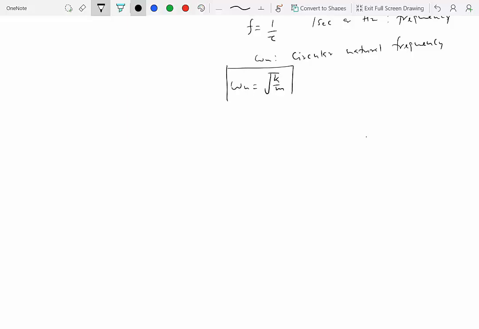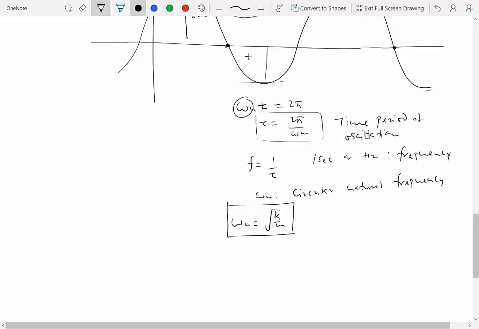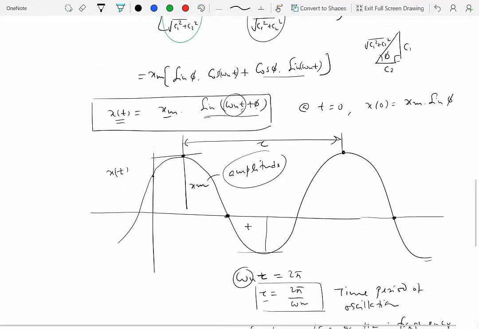So you can see that if the spring stiffness is larger, then the circular natural frequency will be larger. If the mass is small, then also the circular natural frequency would be larger. So if your goal was to increase the natural frequency because you were trying to decrease the time period of oscillation, then you can do that by choosing your spring stiffness as well as the mass of the particle appropriately.